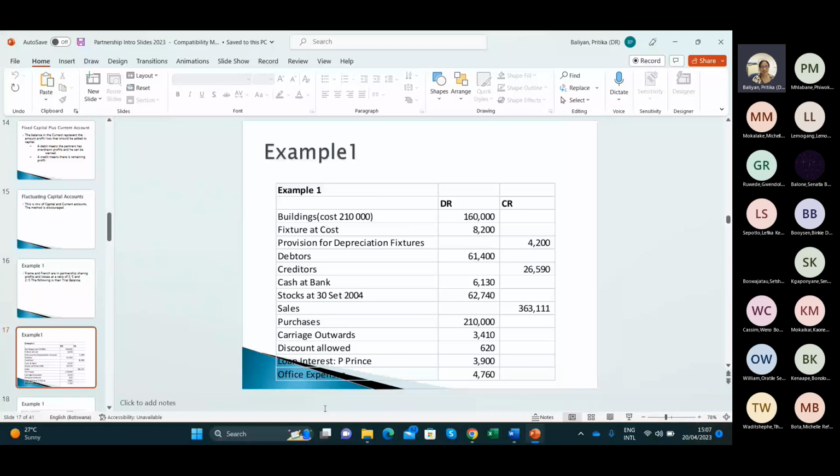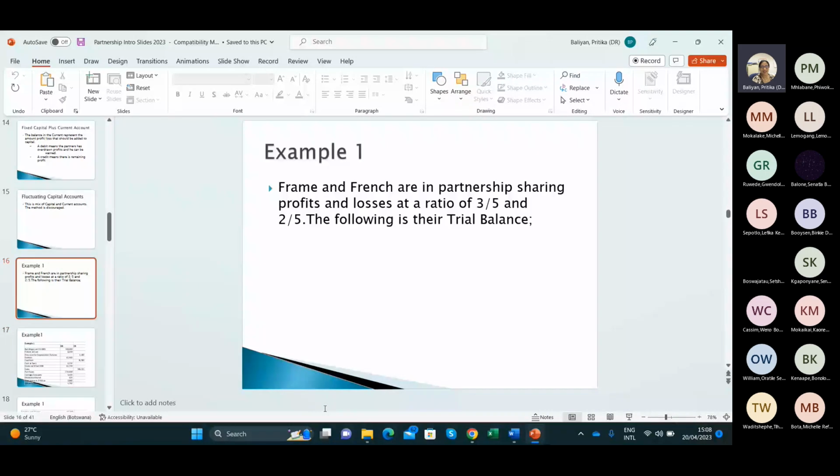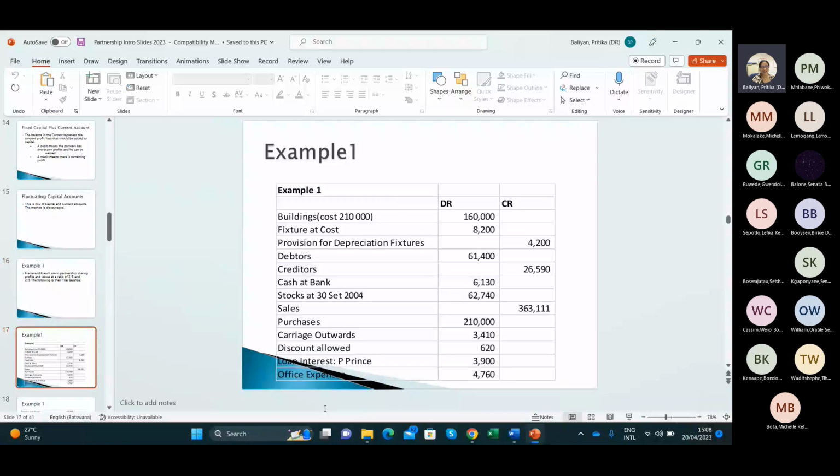So it's just a basic question on the partnership account where you have been given in which ratio they are sharing the profit and loss, like 3:5, 2:5, and the trial balance has been given on the building, fixtures at cost, provision for depreciation, fixtures, debtors, creditors, cash at bank, stock.